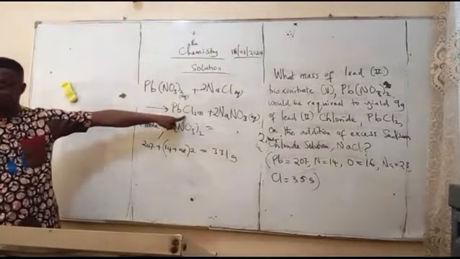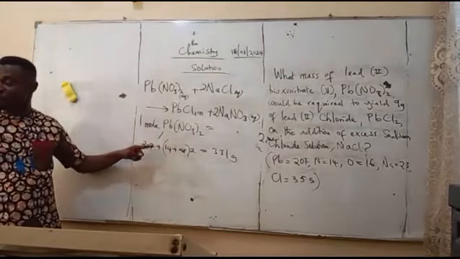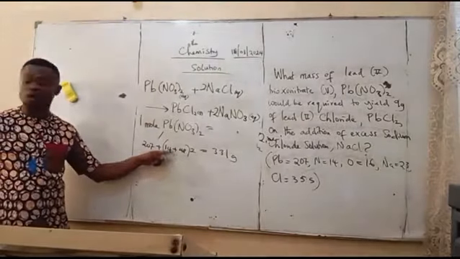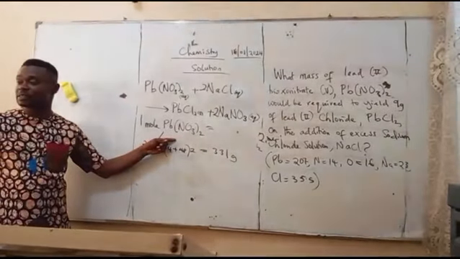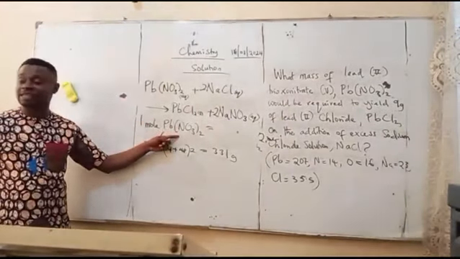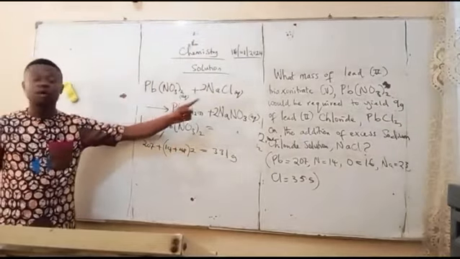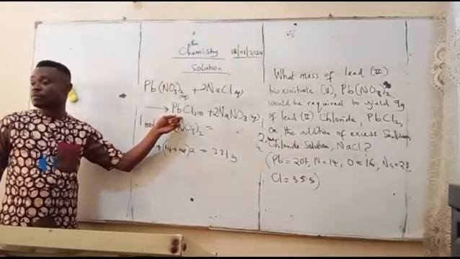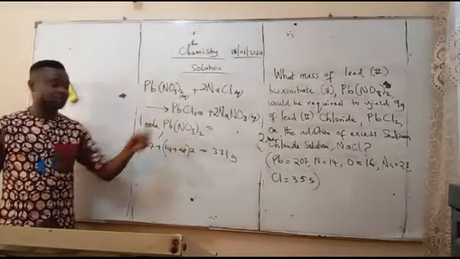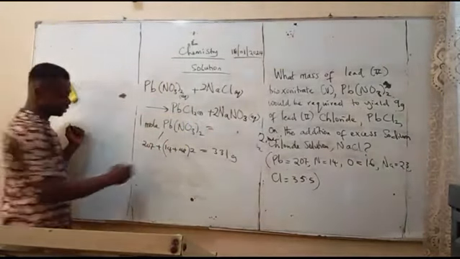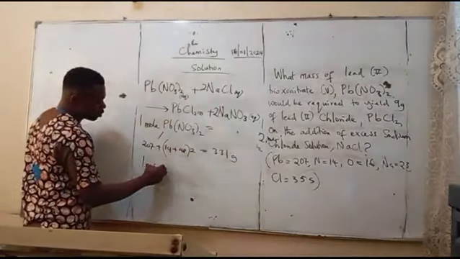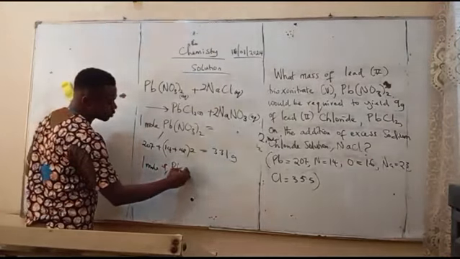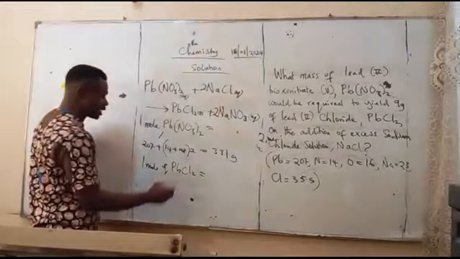This one will yield lead chloride. So the mass of 1 mole of lead nitrate will yield the mass of 1 mole of lead chloride. So let's calculate the mass of 1 mole of lead chloride.